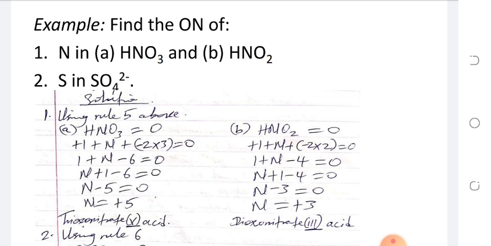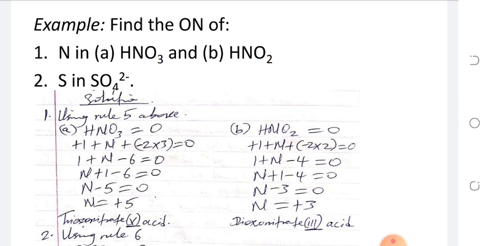The second part of that question, finding the oxidation number of nitrogen in HNO2. We did the same thing using the same rule 5 above. We equate the sum of all the oxidation numbers of the atoms present in HNO2 to be equal to 0, and solving it the way we solved the first one, we have nitrogen equal to +3, as the mathematical expression of the question has been put in the note there.